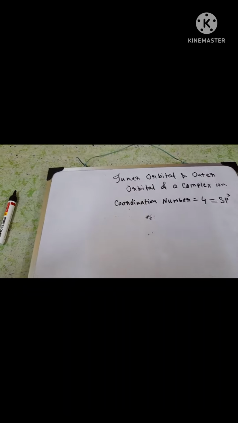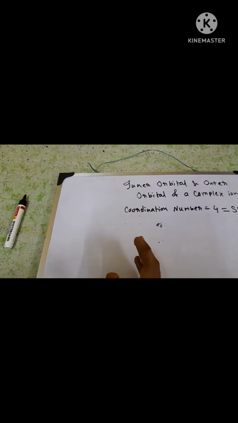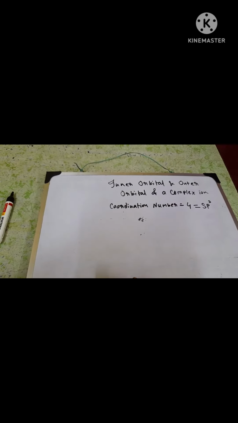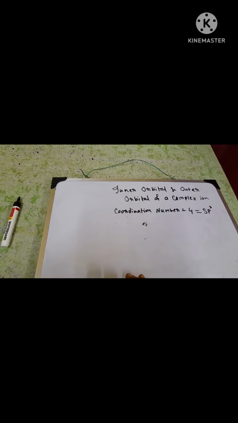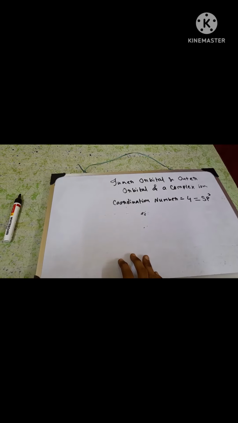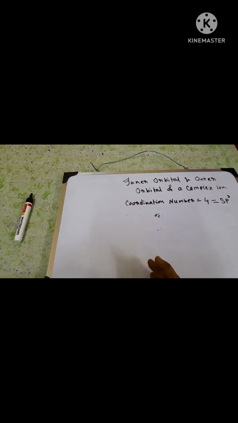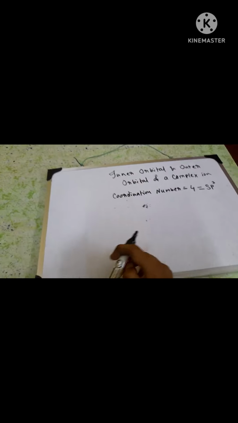While solving this type of problem, you should keep in mind the strength of the ligand, because you have to know which ligands are strong and which ligands are weak, because due to this you can easily solve this type of problem. Okay.